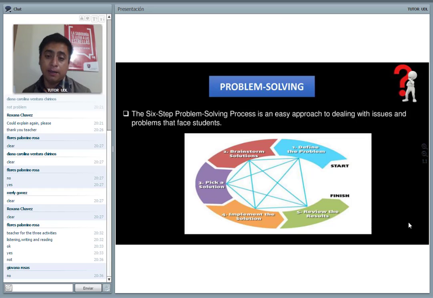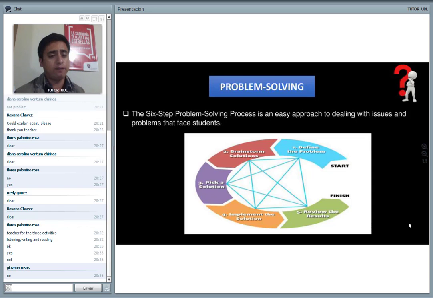At the very beginning, you have to define the problem. You have to bring a topic to the students. Once the students understand what the problem is, they can start working in groups. They will start brainstorming different solutions, not only just one, different ones.